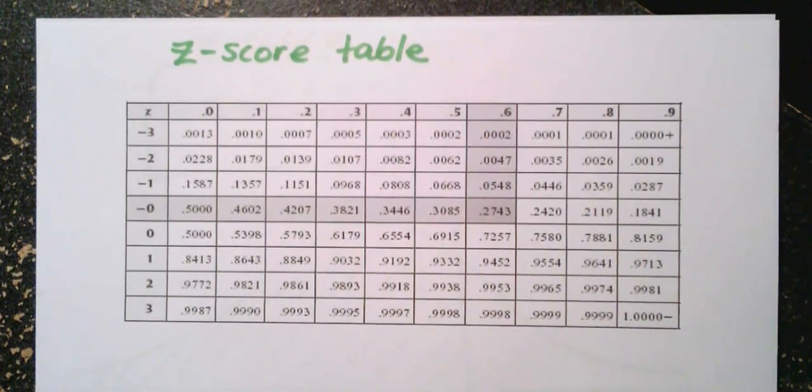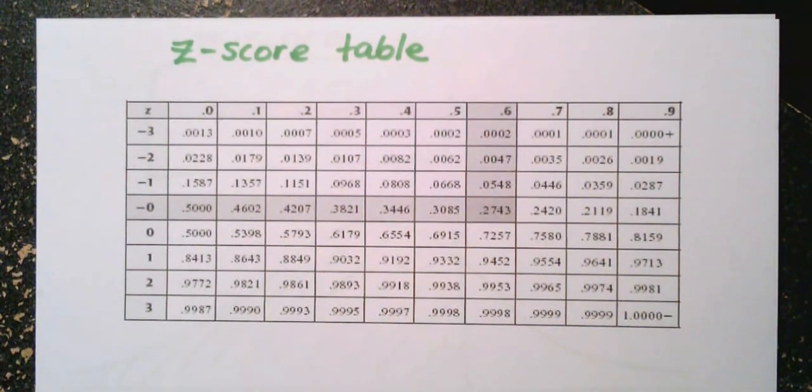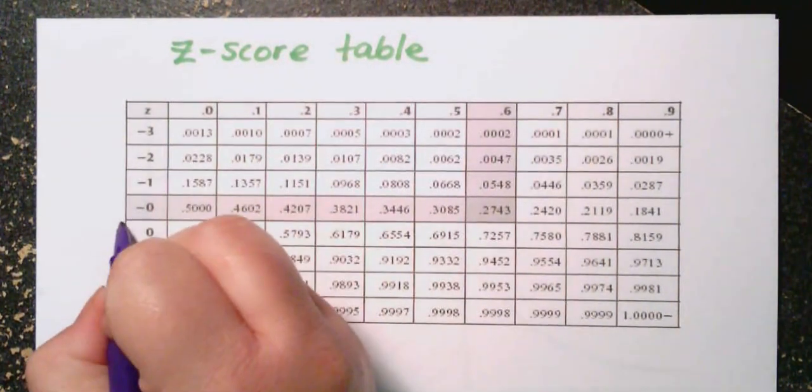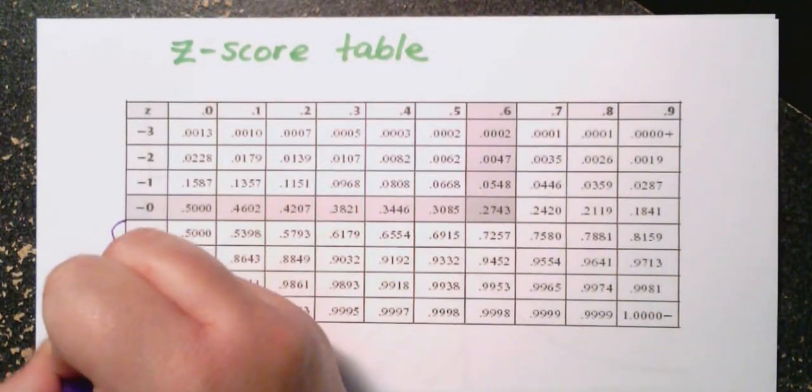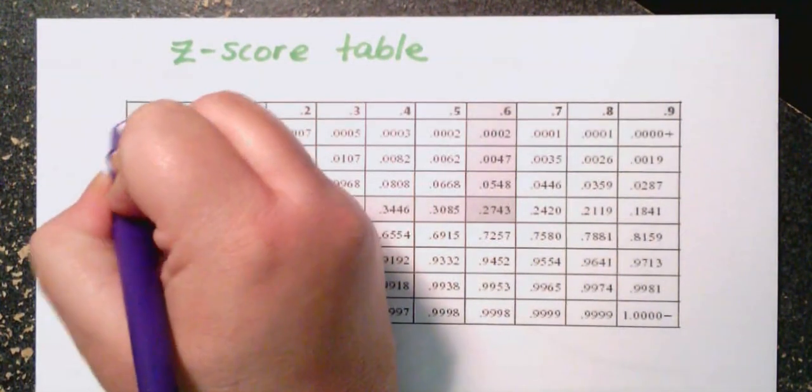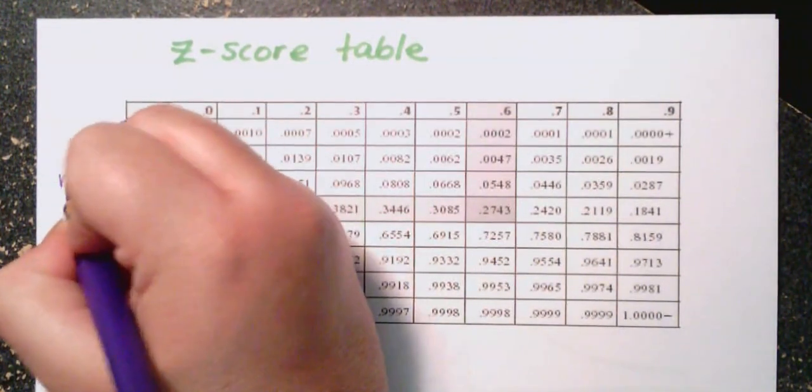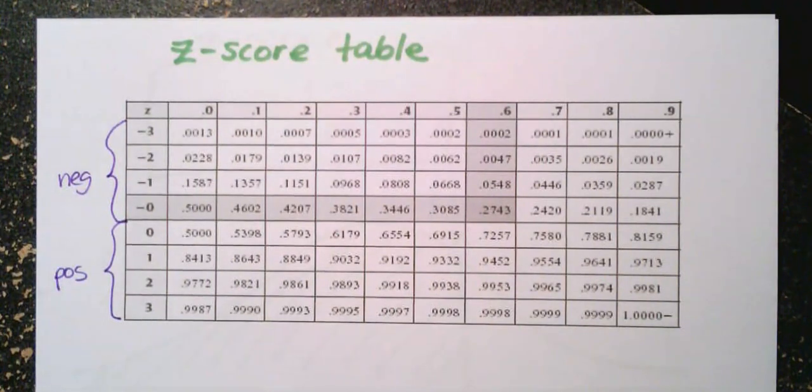Now, it was to the right of the mean, so it was positive 0.5. Positive values are right here on your z-score table. Negative values are up here. It may seem strange to see -0 and +0 because we don't think of 0 as having a sign.